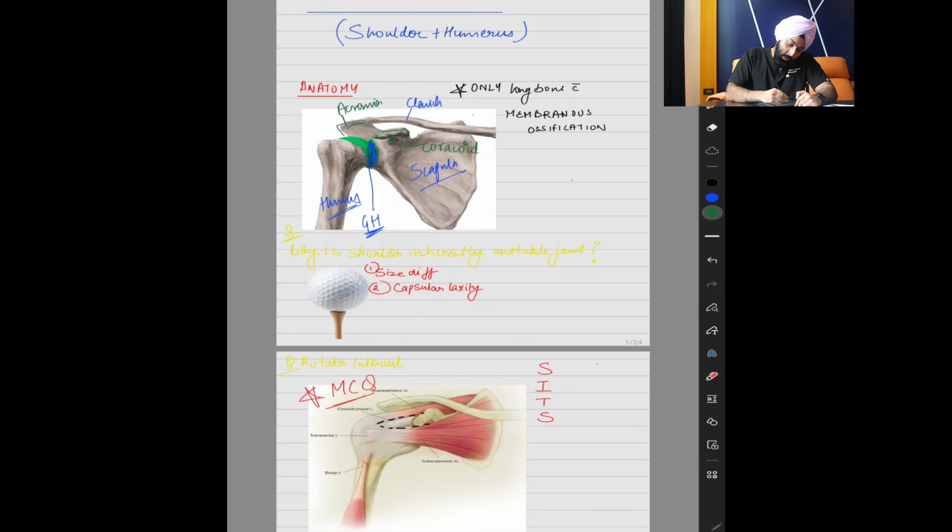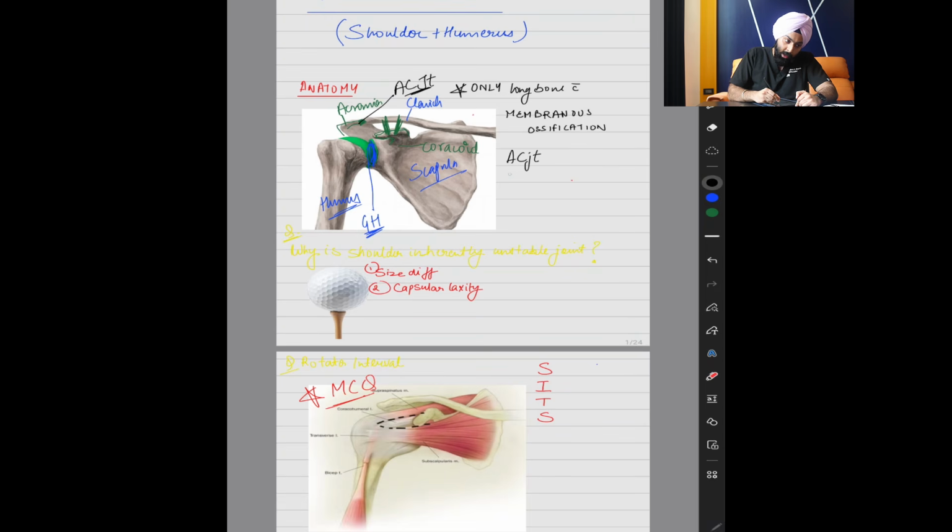The joint found between the acromion and the clavicle is called the AC joint or the acromioclavicular joint. Similarly, we also have attachments between the coracoid and the clavicle. So primarily here we have two ligaments. We have spoken about the AC joint.